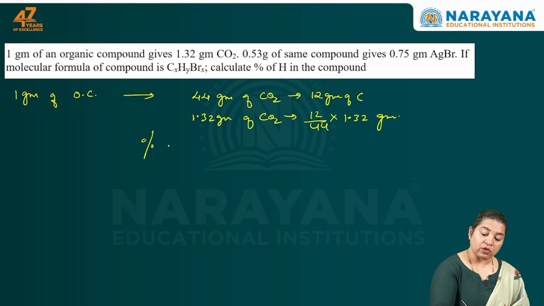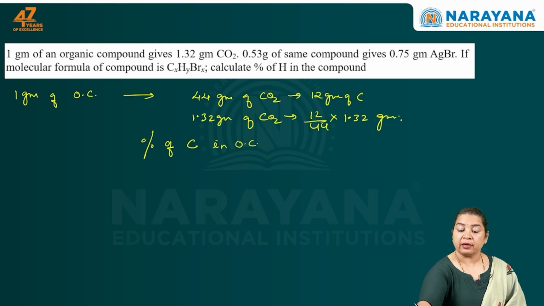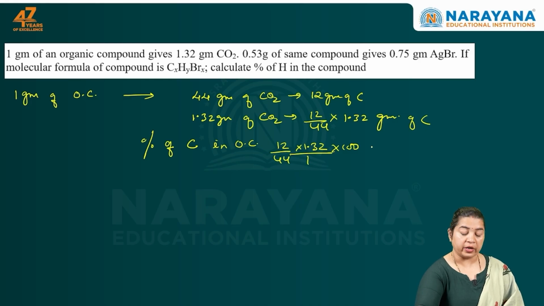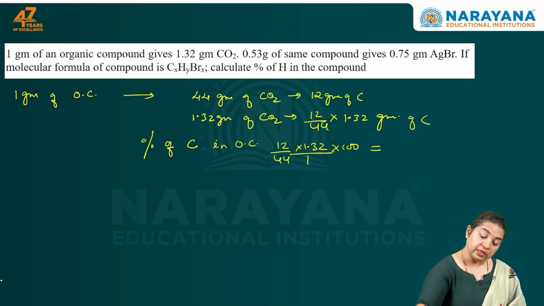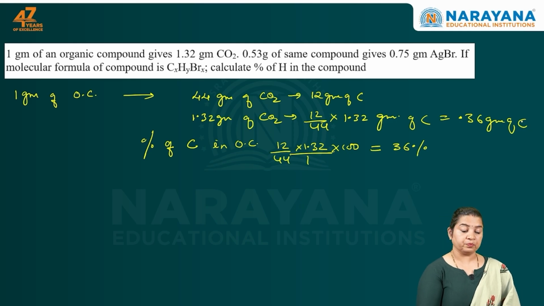By that, if I also want to calculate the percentage of carbon in the organic compound, I will write 12 upon 44 into 1.32 upon 1 into 100, and when we solve this, we get 36%, and on solving this you will get 0.36 gram of carbon, right.